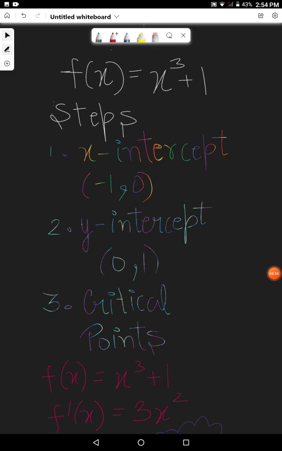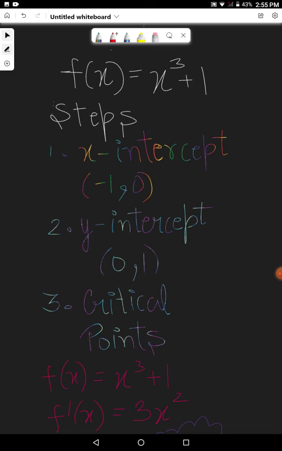Let's try to understand the concept of concavity using the same question as we took earlier, f of x equal to x cube plus 1. There are some steps which you have to follow while sketching the graph.